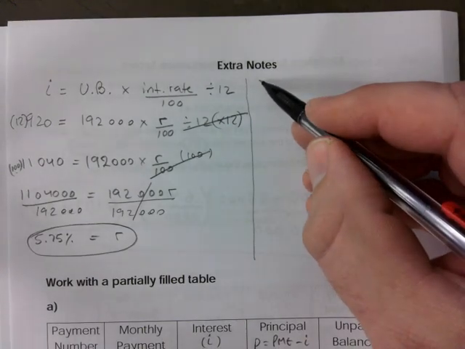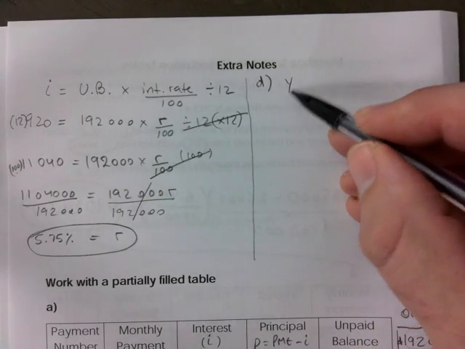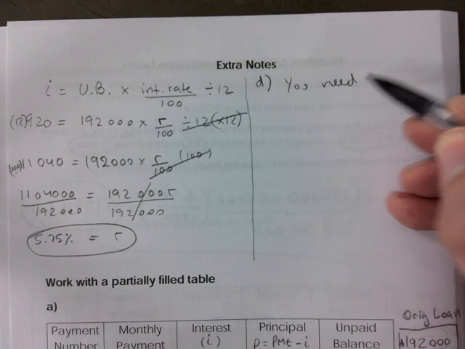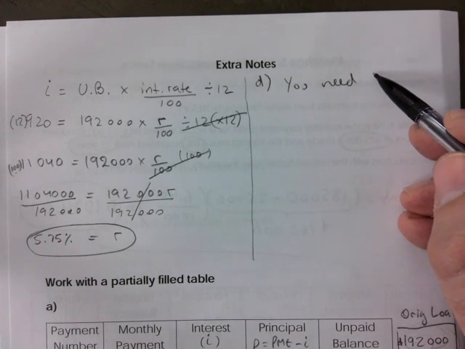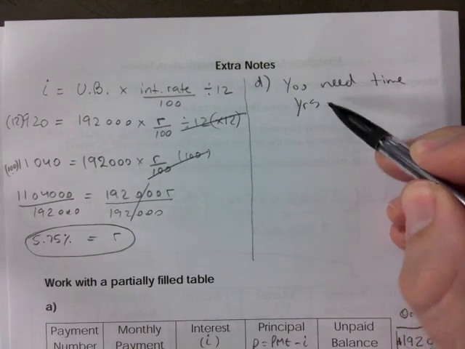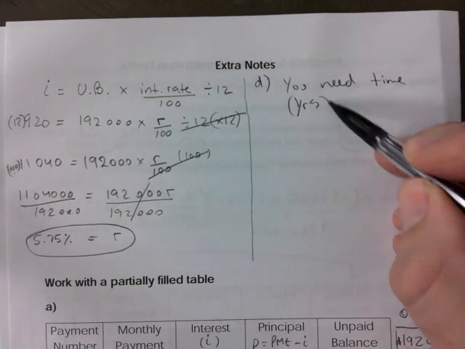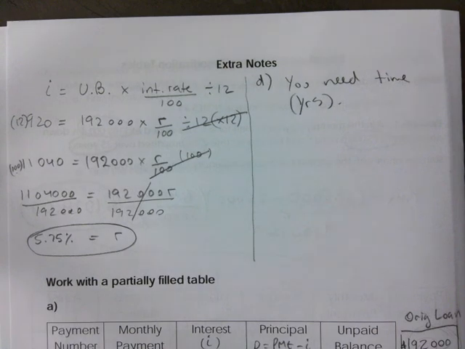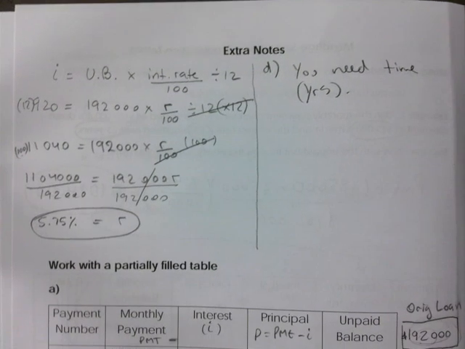You need, so for D here, you need time in years. You need to know, like, how many years am I going to take to pay it off based on this. So you gotta play detective again.